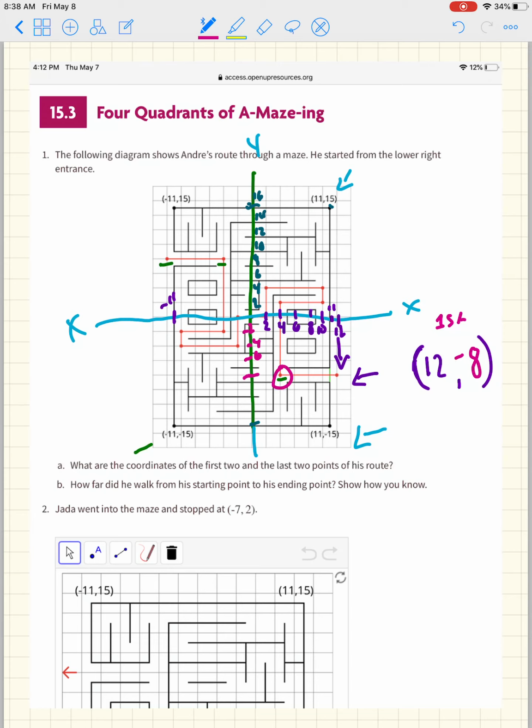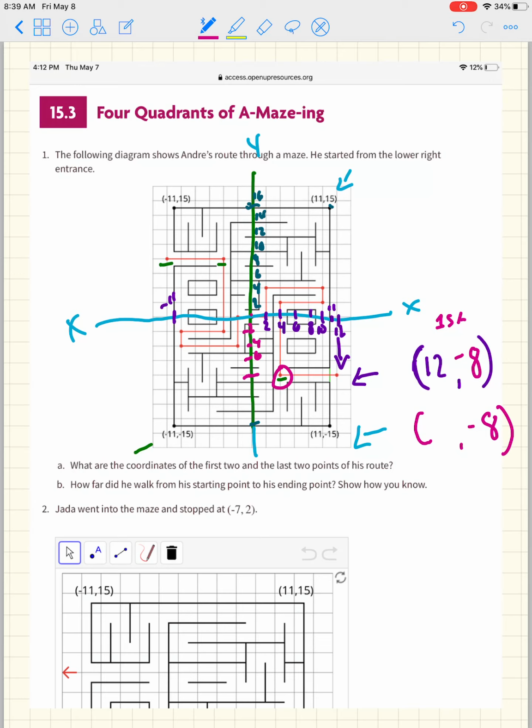Let's look at the second point, which remember is this one right here. I can see that it's in line with the first one as far as its y value. And so because of that, I can automatically put a negative 8 in the same spot as well.